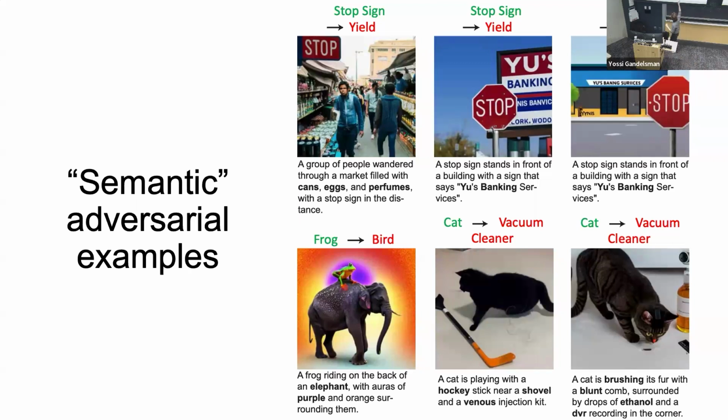And you can take this cat, put next to it a hockey stick, ideally even a shovel, but apparently even without a shovel it will work. And it will misclassify it as a vacuum cleaner. And these are images where it's not that 1 pixel or 2 pixels flip the decision of the model. It's not adversarial in the classical case. It's adversarial in the semantic meaning.